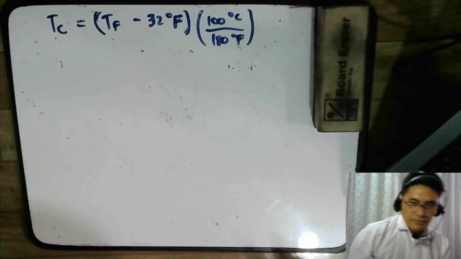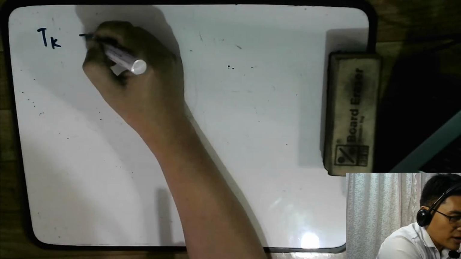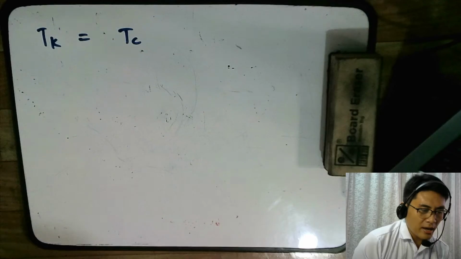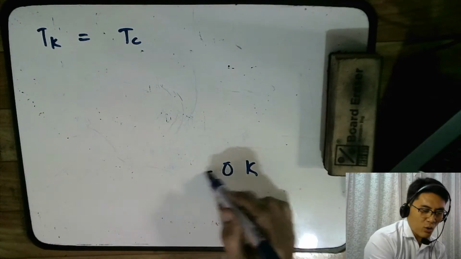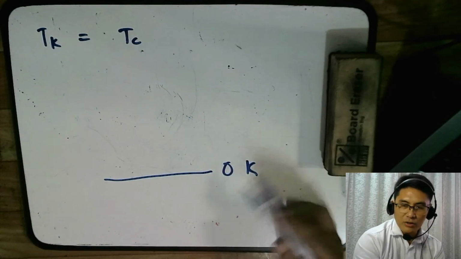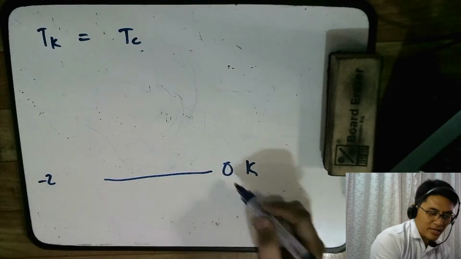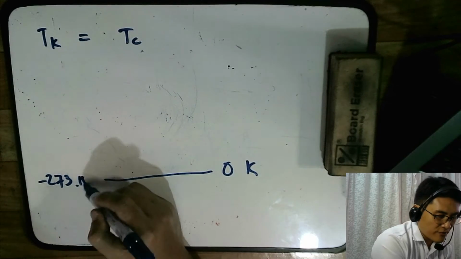Okay? Now, aside from that, the same is true with converting Kelvin to Celsius. So, if you have a temperature in Celsius, remember that in Celsius and Kelvin, 0 Kelvin, which is the coldest temperature that matter could have, is calculated to be at negative 273.15 degrees Celsius.